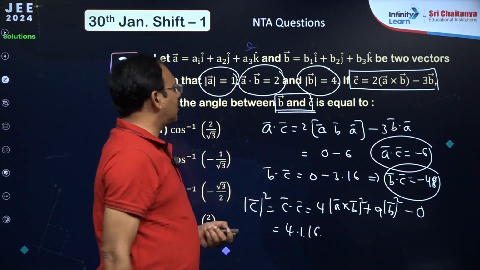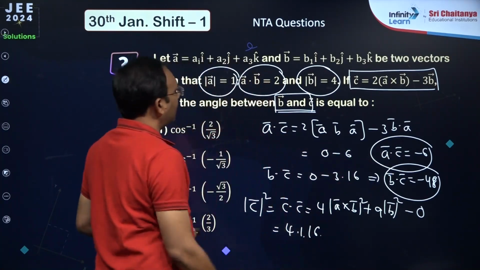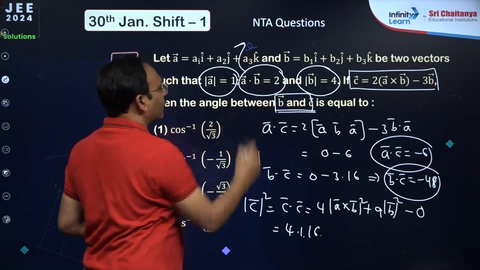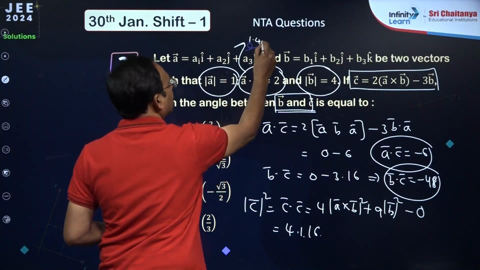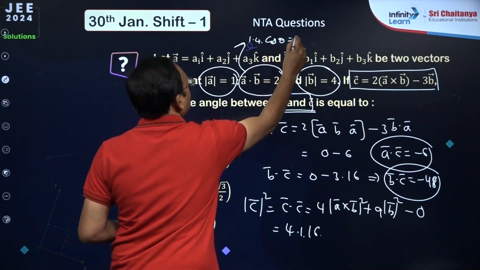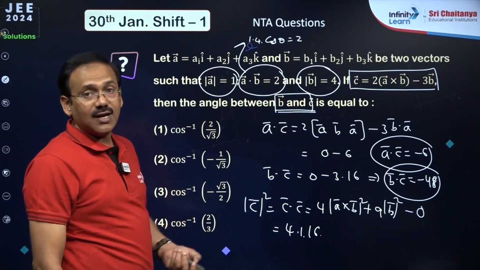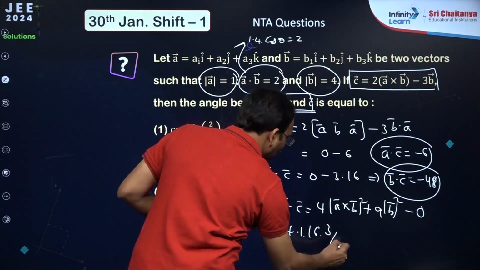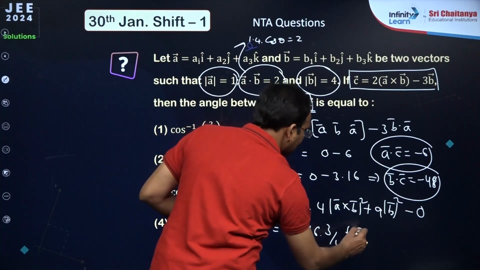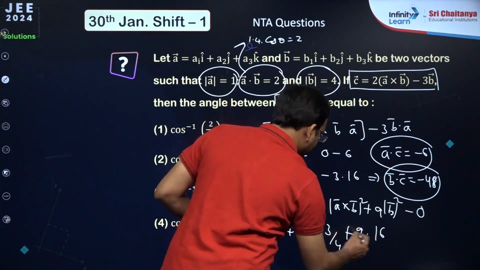So sine square theta. From this, my dear friends, a dot b related information is there, you can find cos theta. Magnitude of a is 1, magnitude of b is 4, cos theta is going to be 2, in the sense cos theta is 1 by 2. So sin theta is root 3 by 2, sin square theta is 3 by 4 here, plus 9 into magnitude of b bar square, which is 16.